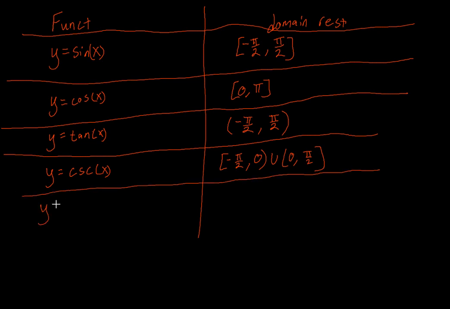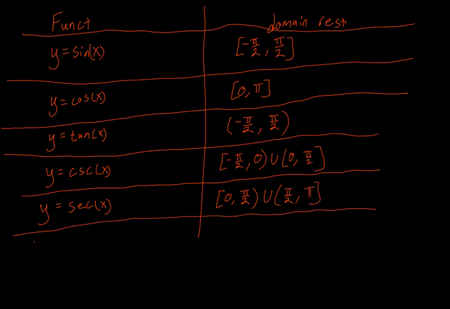Next up is the reciprocal of cosine, which is secant. And this one again is very similar to the cosine one, except now we cannot include positive pi over 2 because that will give us an asymptote. So we say not included and then join it with everything from pi over 2 not included all the way to pi.